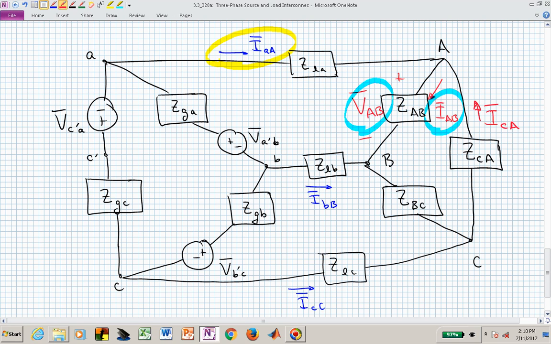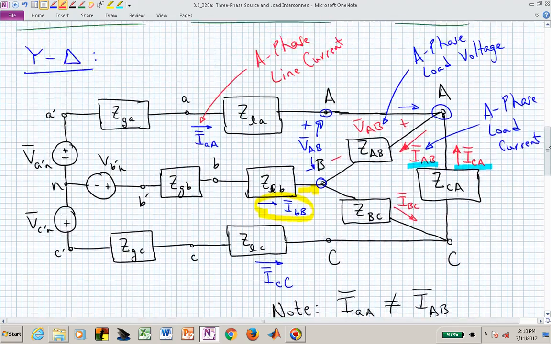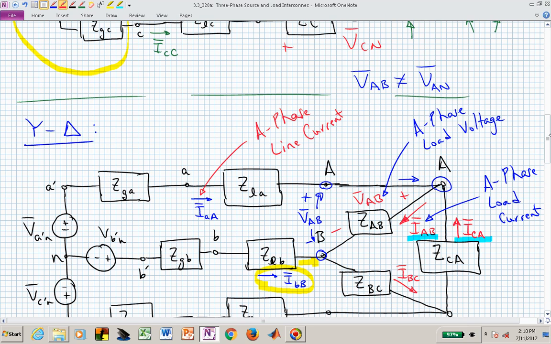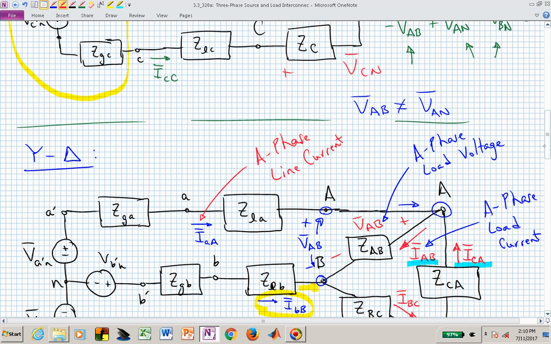Those are the different interconnection patterns, and the terminology that we have started to introduce is A phase line current, A phase load voltage, A phase load current, and A phase line voltage at the terminals, or A phase at the terminals of the source.